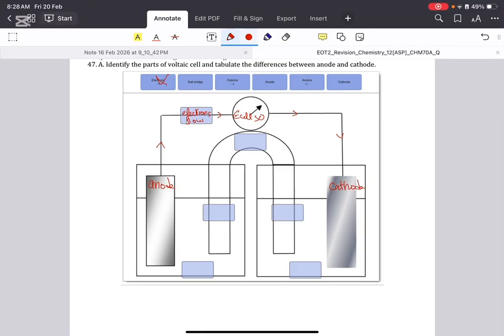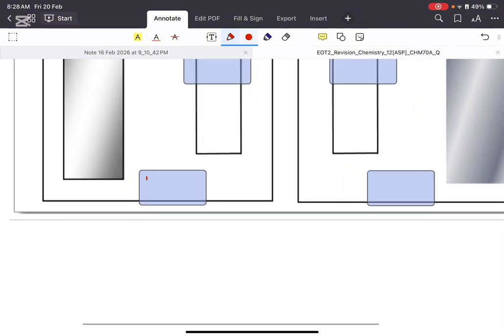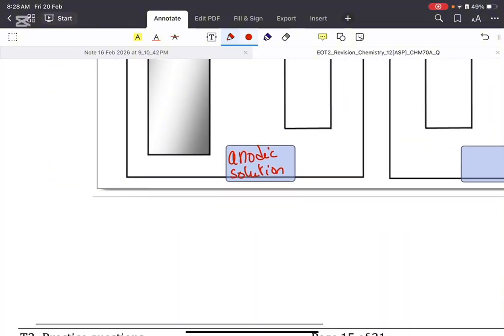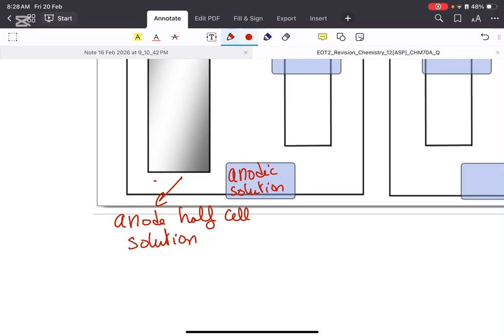So down in here is what we call the anodic solution, or I can say anode half cell solution, or anode compartment.